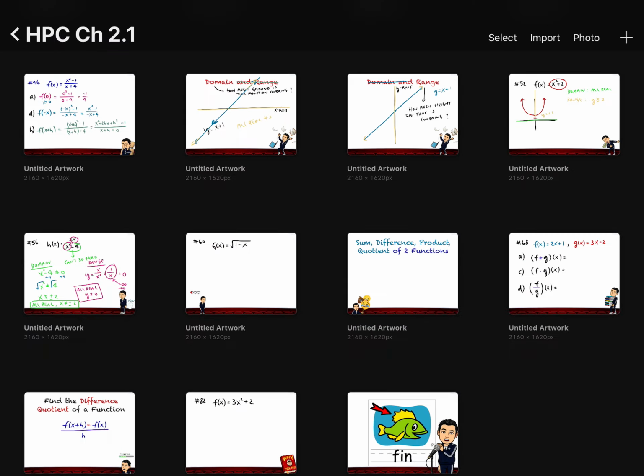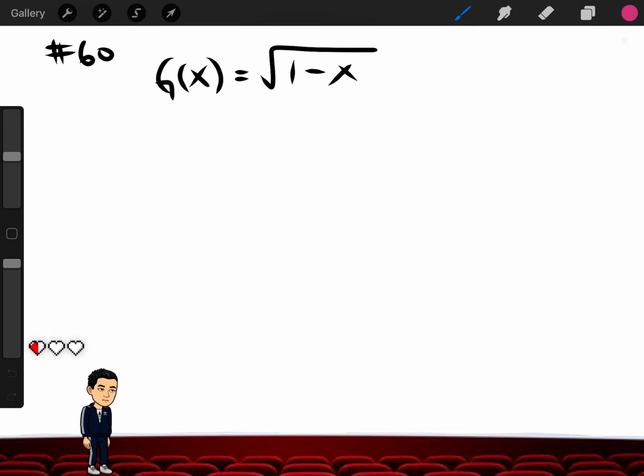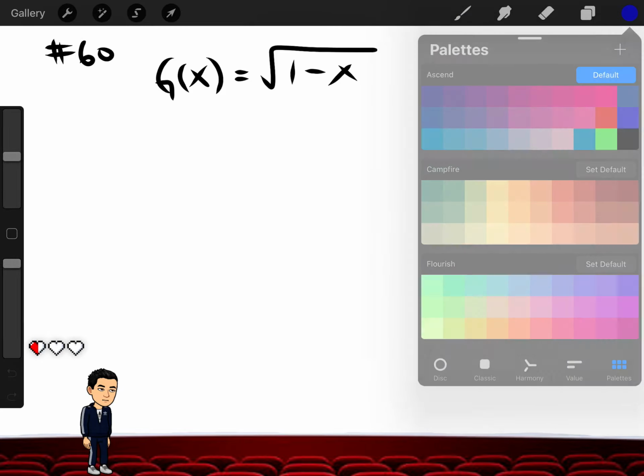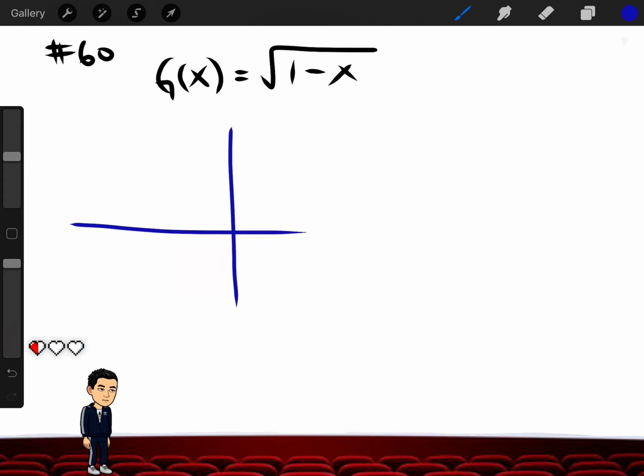Moving on. Number 60. So what about this one? I'm going to show you on the graph. First of all, I want to rewrite that as negative x plus 1. So this is going to be the square root of negative x plus 1.